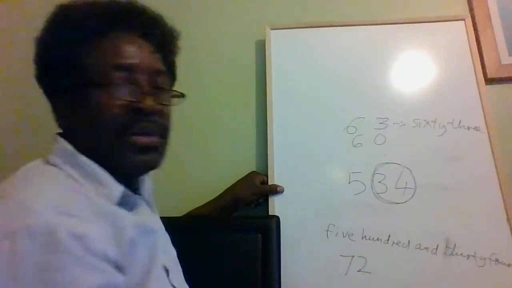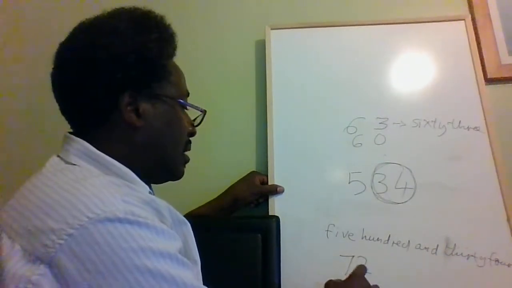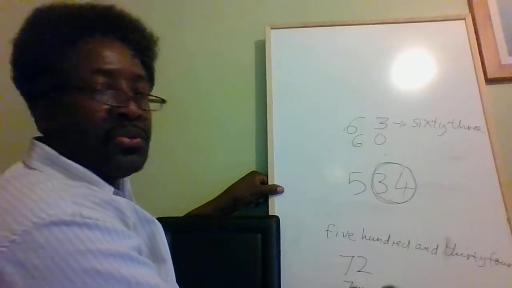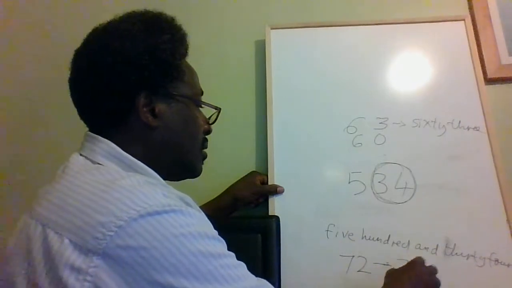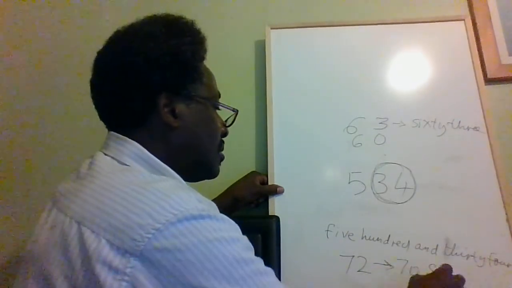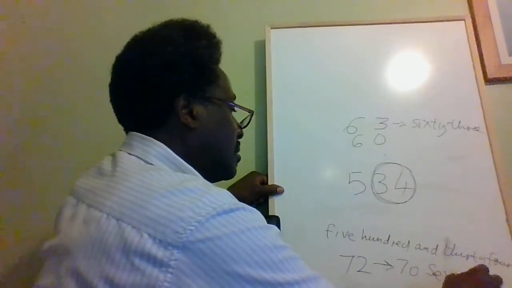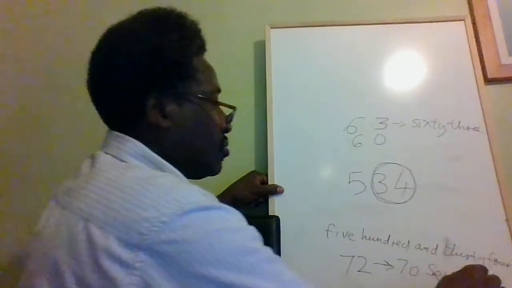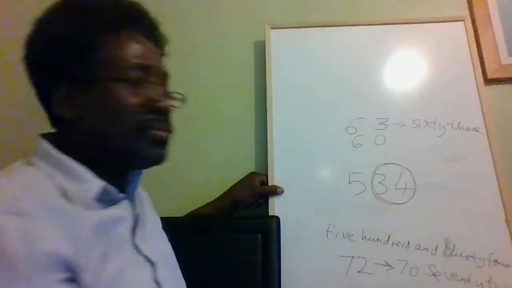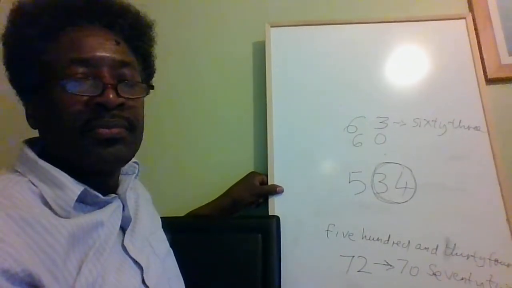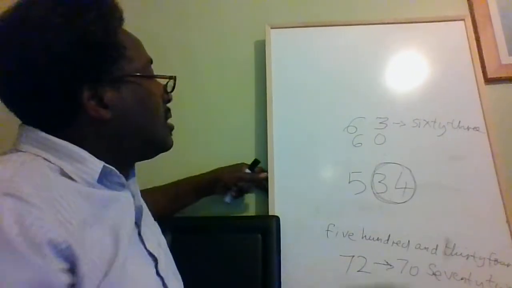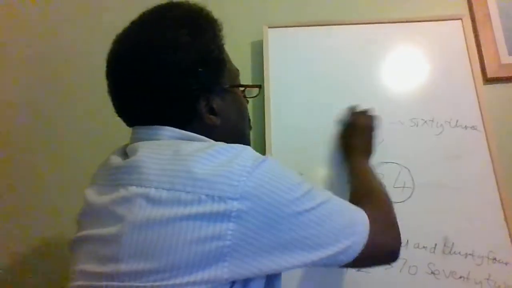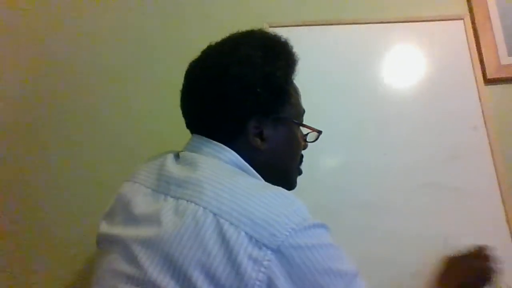Similarly, if you have 7 and 2, if you make that 2 a 0, you say 70. Then 2, 72. So that's 2 digit and 3 digit numbers written in words.